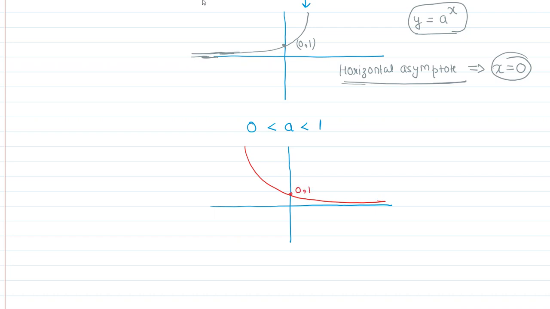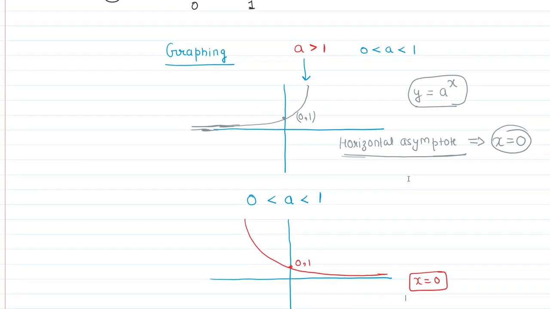Again the horizontal asymptote is y is equal to 0. If we see here, when x tends to infinity, when x is increasing, y tends to infinity, right? And when x tends to minus infinity, that is when x is moving this direction, y tends to 0.